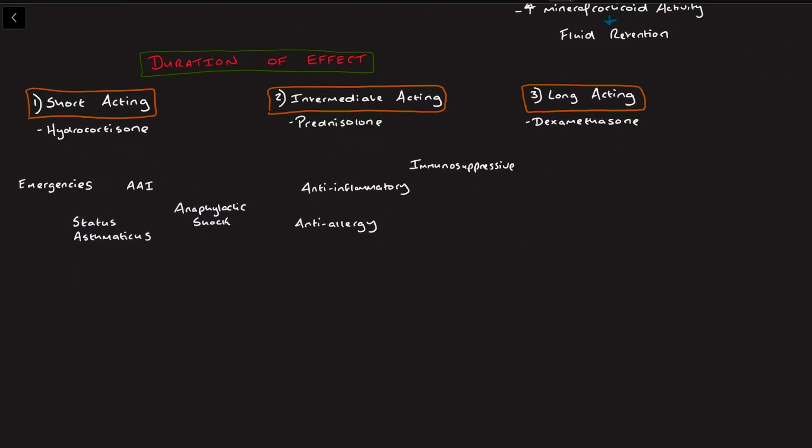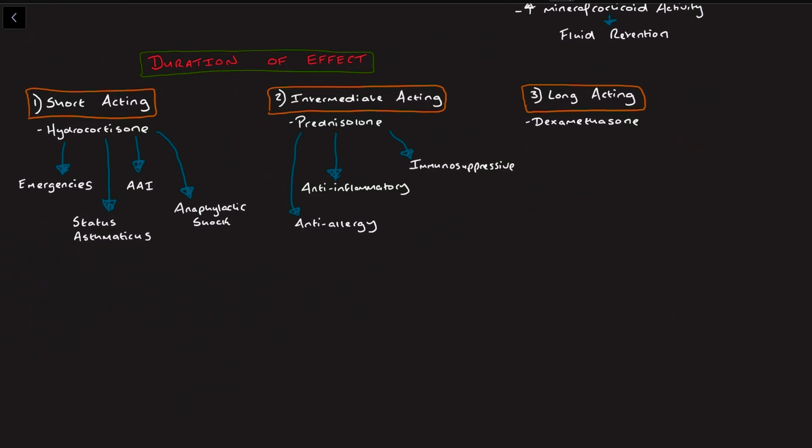So you can get short-acting, such as hydrocortisone, which is usually given in emergencies, acute adrenal insufficiency, status asthmaticus, or anaphylactic shock. Intermediate acting, such as prednisolone, which is commonly given as an anti-inflammatory, immunosuppressive, and anti-allergy. And finally, long-acting, for example, dexamethasone and betamethasone, which, as we've mentioned earlier, are highly potent.